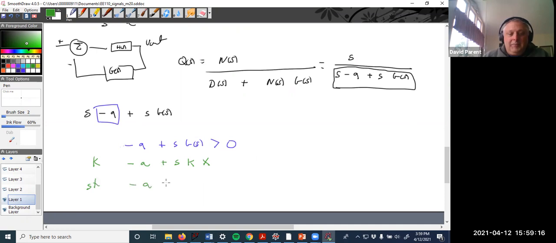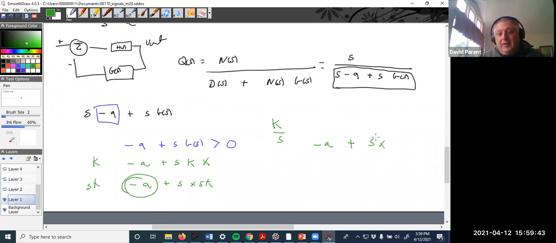So minus A plus S times SK. Well, that's S squared. Now I've turned it into a second order system, but still I'm not changing that. So really, what if I tried K over S? So I have minus A plus S times K divided by S. Oh, now they've canceled out, right?